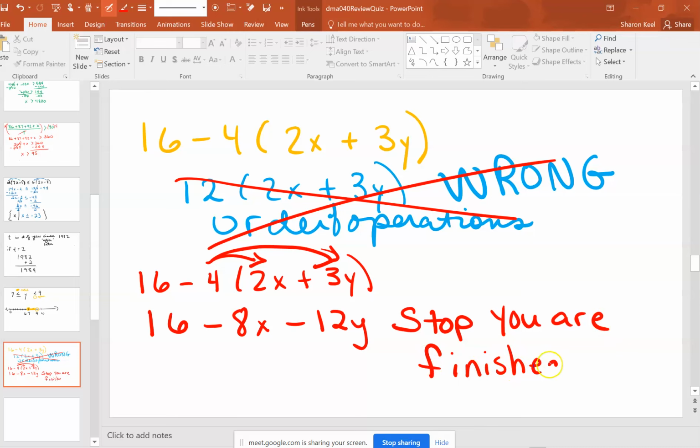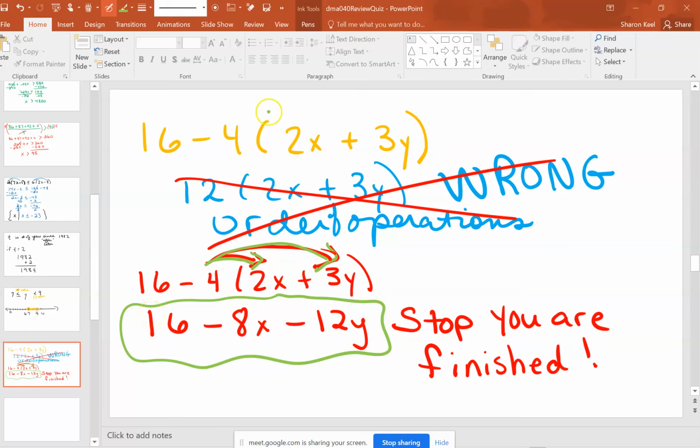We have a number, we have an x, we have a y. So this here will be our solution. So this one is a very simple one. You're just going to distribute the negative 4 times the 2x and the negative 4 times the 3y. The 16 you just bring down. You cannot do the subtraction because order of operations dictates that you do multiplication and division before addition or subtraction.